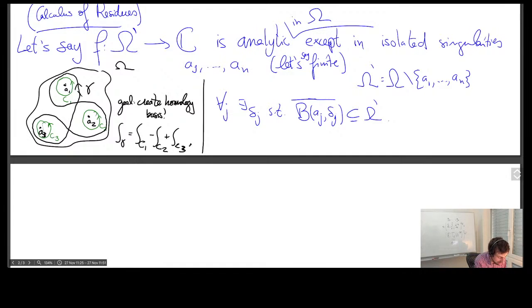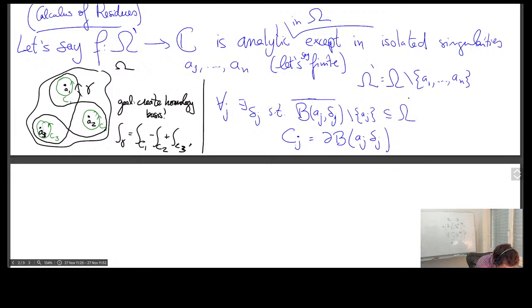Okay. So now we just have to make Cj be that curve. Cj is just the circle, I can call it just the boundary of that ball. I should say, to be precise, I need to take aj, because aj is not in omega prime.